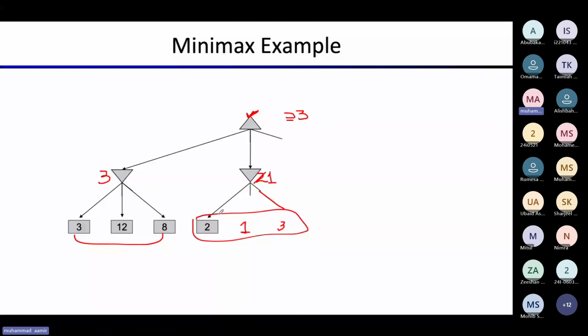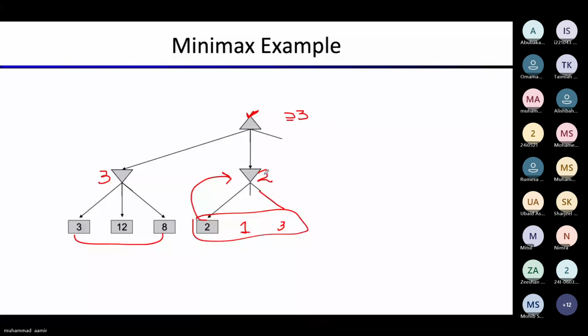So if the first value coming to this state is 2, it means this value will only be overwritten or replaced by a value which is going to be less than 2.